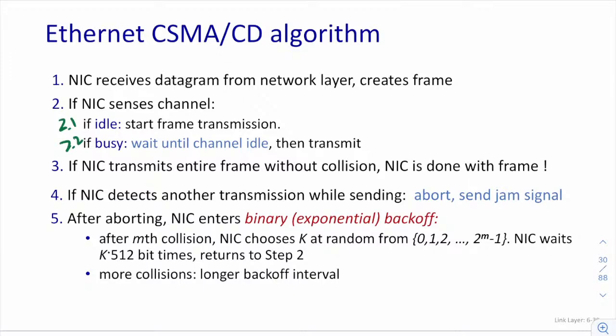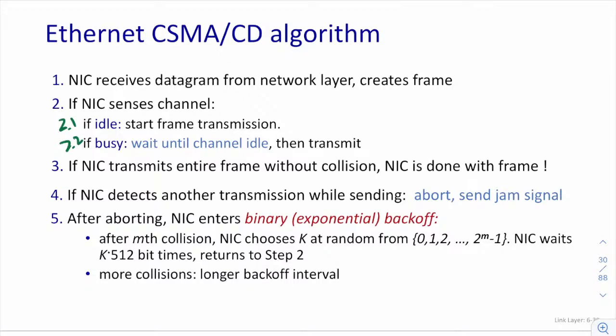That is the most ideal way. Step 1, you get the datagram and create the frame. Step 2, you sense the channel; if it's idle, you simply send the frame. And step 3, when you send the frame, you hear no collision, and that's done.